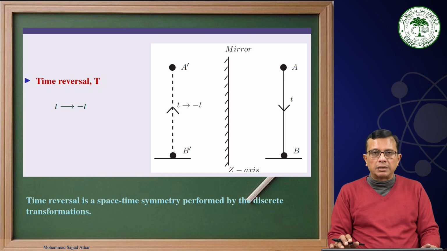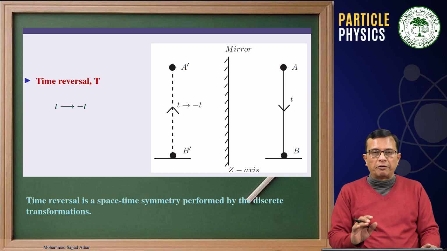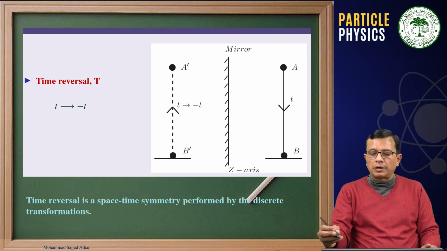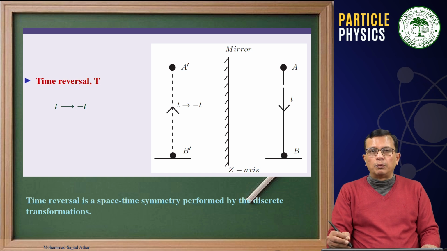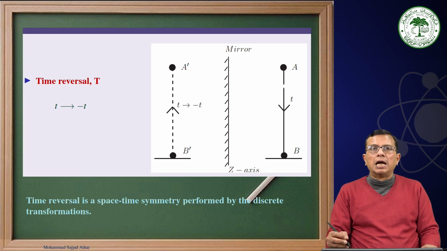Then the third discrete operation that we will discuss is time reversal, which is again a space-time symmetry performed by a discrete transformation. Suppose I have a ball and I am dropping it from a height h and making a movie of that. As the ball comes closer to the ground, it gradually increases its kinetic energy and ultimately hits the ground.